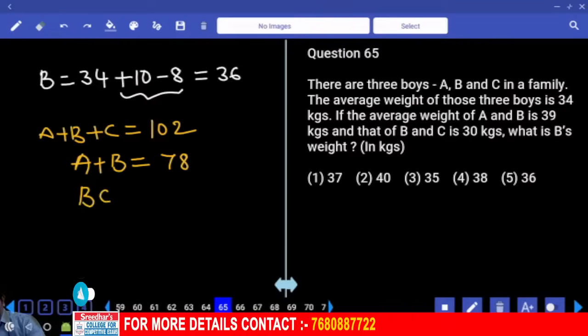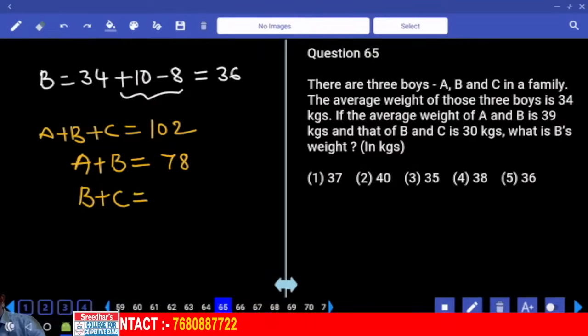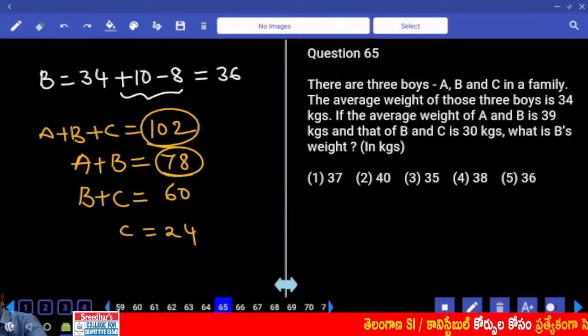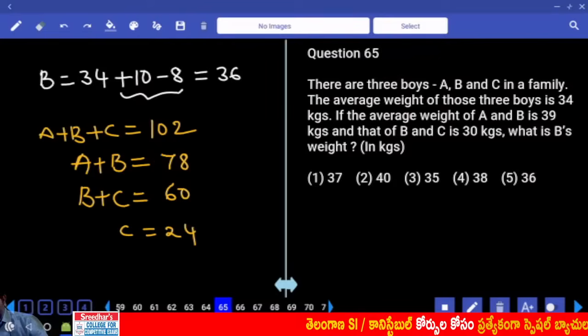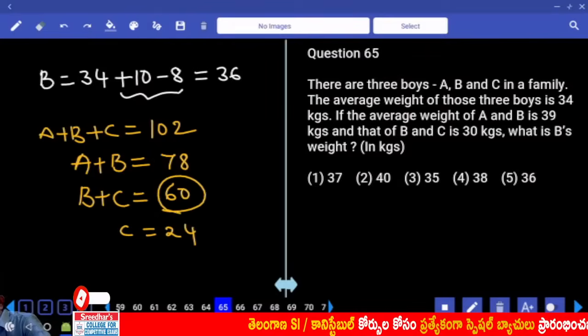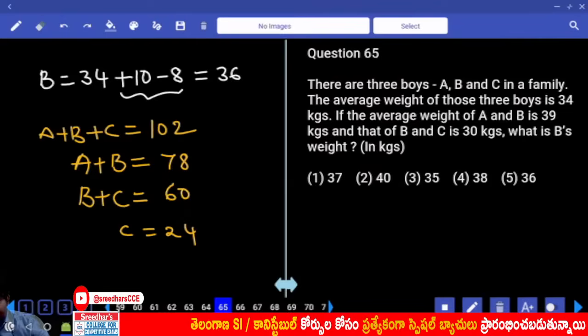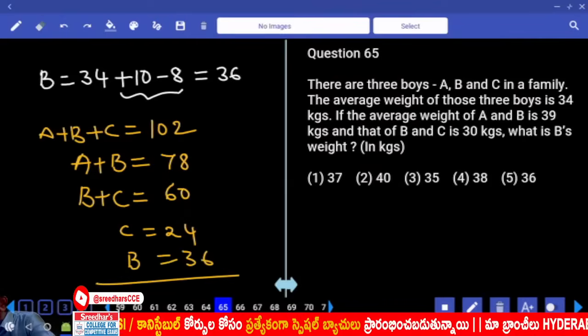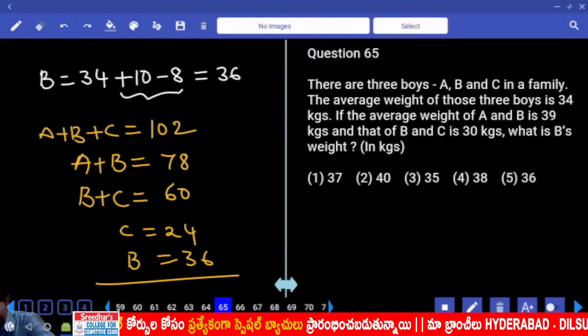BC average given as 30. Sum becomes 60. From these two, C is equal to 24. Subtract 78 from 102. See, you get C. Come on. If C is subtracted from this number, you'll get B only. How much is B? 36. And that's what we got in a single line. Yes.